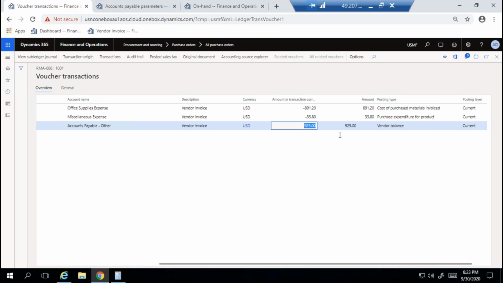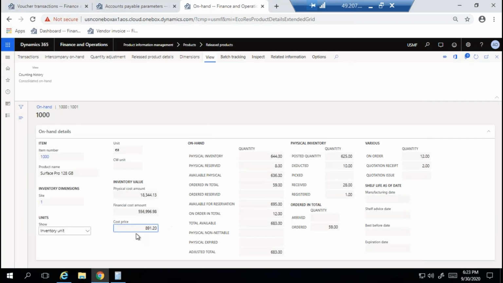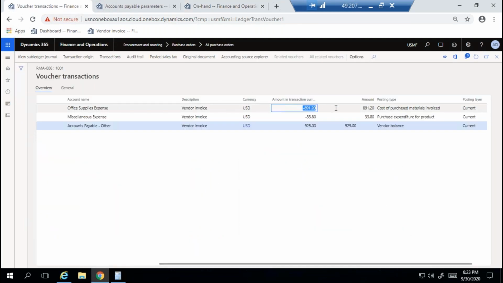Yeah. Now from your inventory, it is decreasing only 891.20 because the cost of the material is 891.20 only. Suppose price is 925, so how did it become 891? Whenever sales is happening, it will decrease cost price.